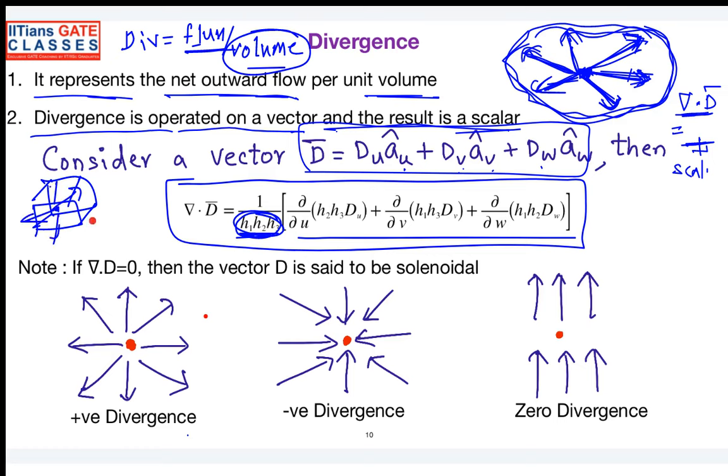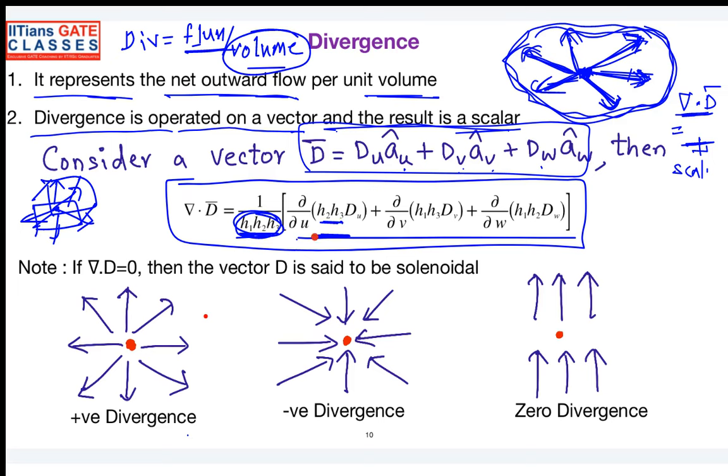Now you can see here the first one, H2, H3, corresponding to Y and Z in case of rectangular. So the first parameter represents the variation of the flux leaving in the YZ plane, the second parameter represents the variation of the flux leaving in the XZ plane, and the third one represents the variation of the flux leaving through the XY plane.